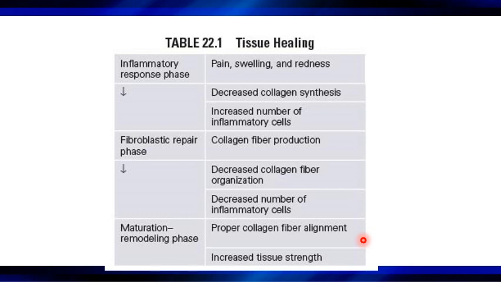The goal there tends to be getting some more scar tissue laid down. However, it's just the initial scar tissue. It's not really organized. And then the maturation remodeling phase is when it gets as close as it can be to the original tissue. Anytime there's a tear in tissue, it's never quite exactly the same, but hopefully with appropriate treatment and rehabilitation, it gets as close as it possibly can.